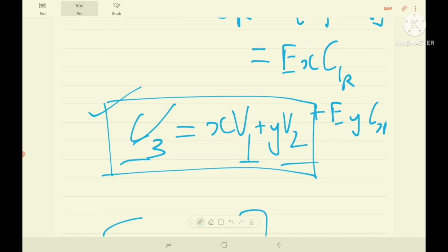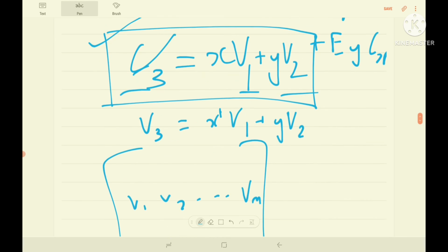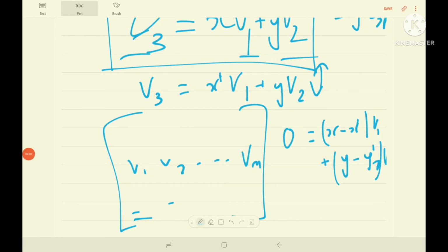Because suppose you can generate v3 with a different combination of v1 and v2, then you can subtract these two equations and get 0 equal to (x minus x dash) v1 plus (y minus y dash) v2, where x minus x dash and y minus y dash need to be independently 0, otherwise v1 and v2 won't be linearly independent with respect to each other.